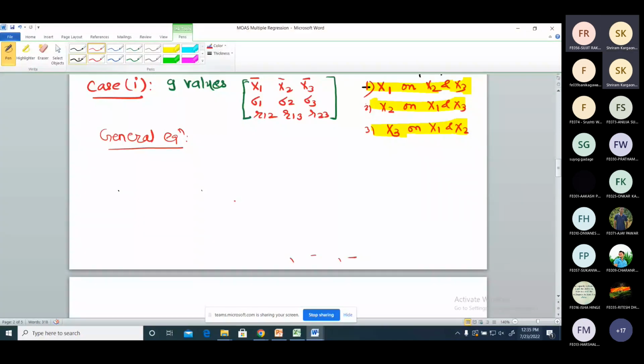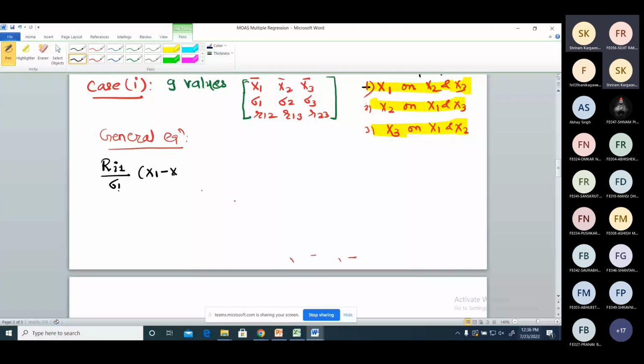The general equation is Ri1 upon sigma 1 into (x1 minus x1 bar) plus Ri2 upon sigma 2 into (x2 minus x2 bar) plus Ri3 upon sigma 3 into (x3 minus x3 bar) is equal to 0.